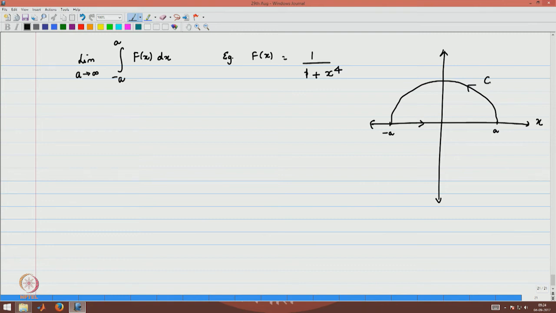So, if this integral is called I, what we are going to do is to write I as the integral over a closed contour of f of z dz, minus the integral over this open contour C of f of z dz.